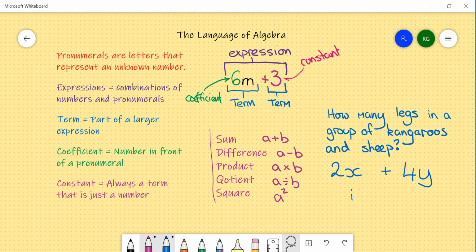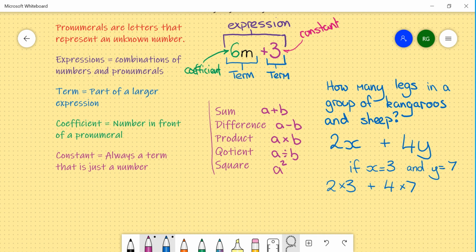If there were, let's say, 3 kangaroos and y represented 7 sheep, the number of legs in total would be 2 multiplied by 3 plus 4 multiplied by 7.